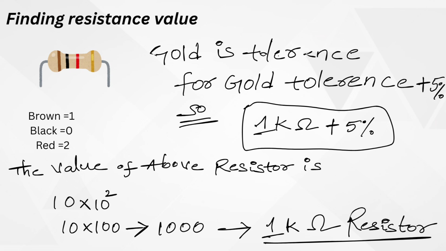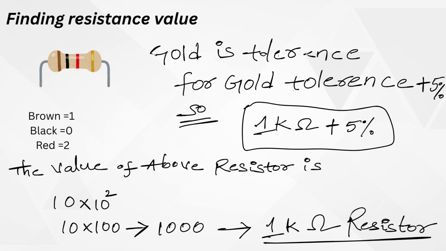So when we see brown, we know that brown is 1, black value is 0, red value is 2, and here gold. Gold is the tolerance, means the color on the right side is the tolerance. In the color coding table, there is a tolerance for every particular color.